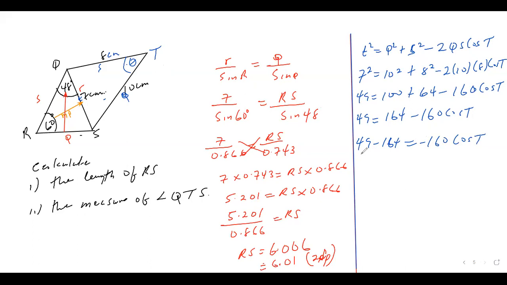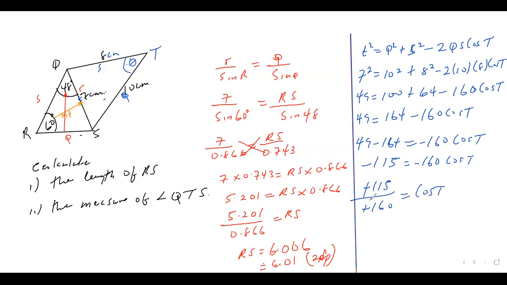Negative 115. It's got to be negative 160 cos T. Then we bring this one down, should be negative 115 divided by negative 160 cos T.